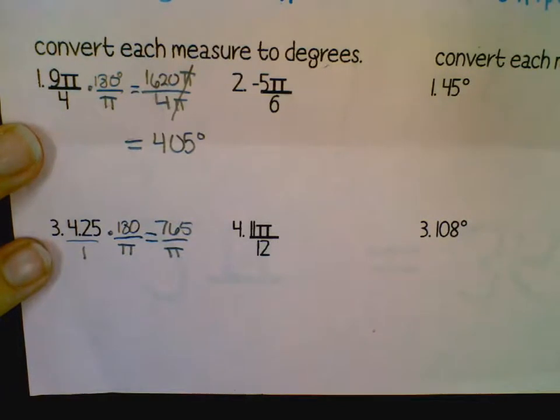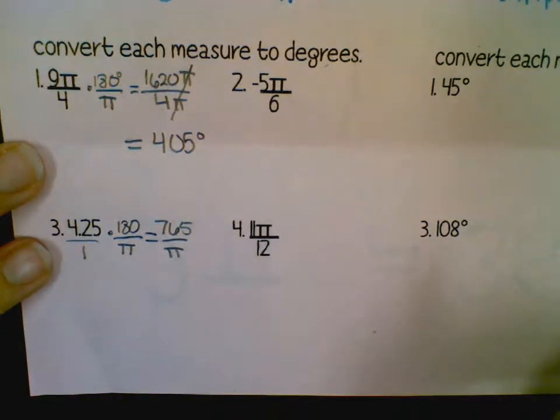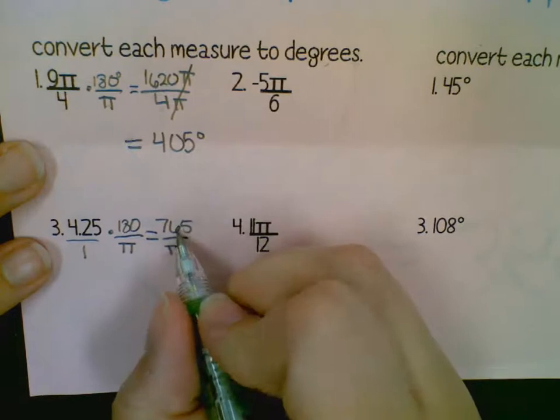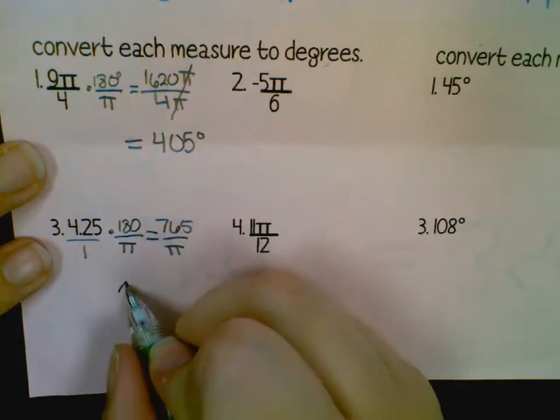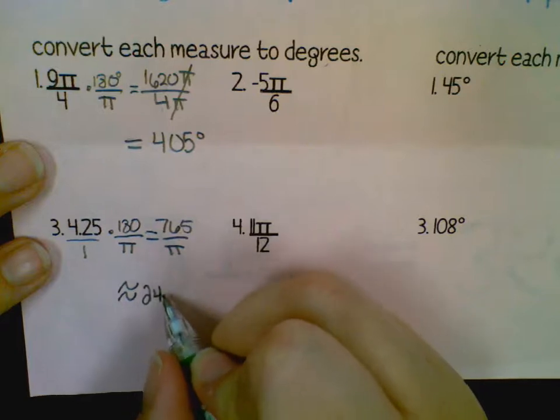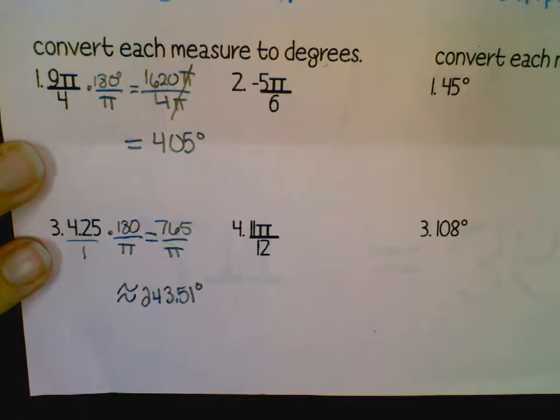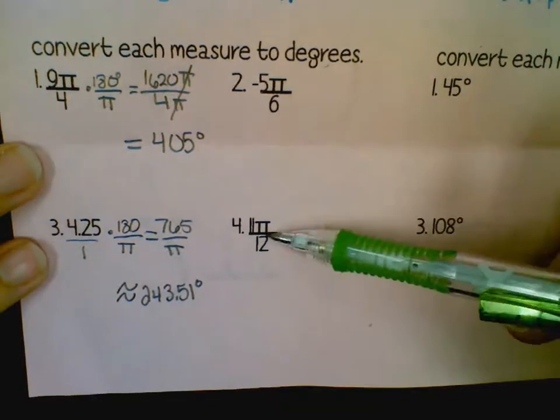Since we're trying to get rid of the radians, we divide it out in the calculator. You'll get a decimal when you divide by pi, so we round to 2 decimal places. 765 divided by pi is approximately 243.51 degrees.